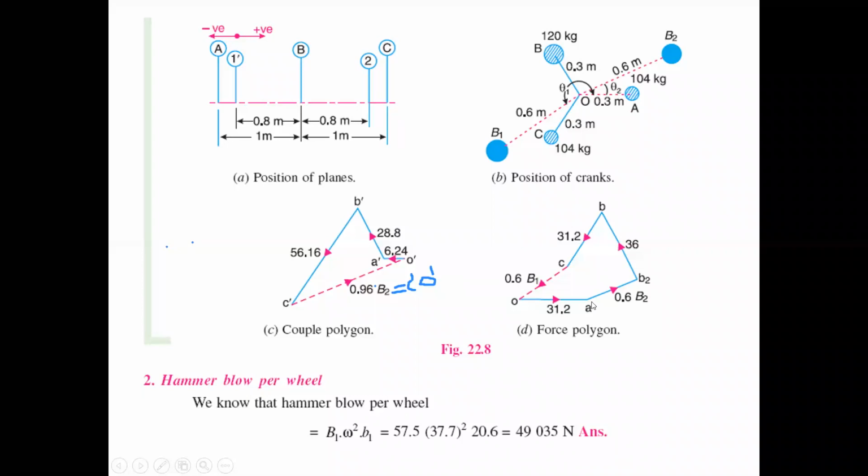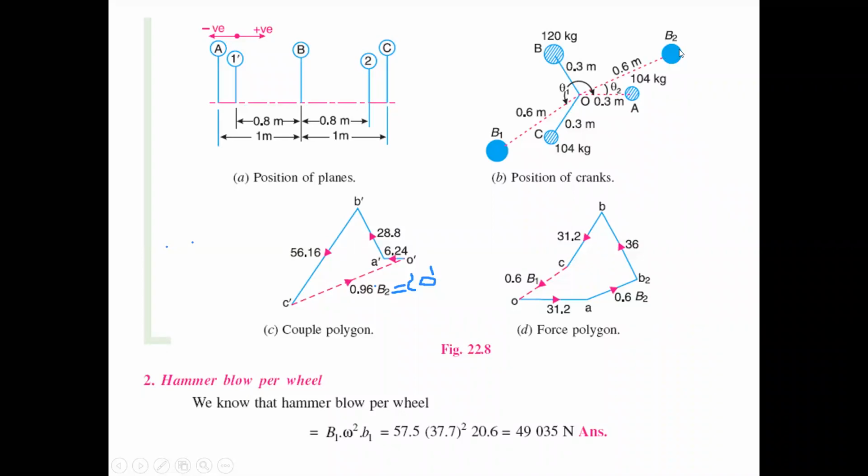Just draw the 3.1 centimeter and then draw the next one, M2, MB direction. Here there is a small difference between this one and that one, in our force polygon.